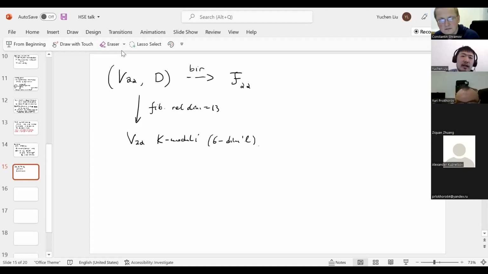So if you can understand, again, you run this K-stability argument, K-moduli argument. But if you can understand what happens for coefficient epsilon, then that admits, maybe I should put it this way, this is only a rational map. If you put a 1 minus epsilon here, then you actually get a morphism to F22 star. And then this will be birational. Let me try to rewrite it.